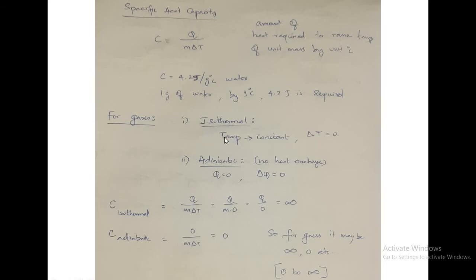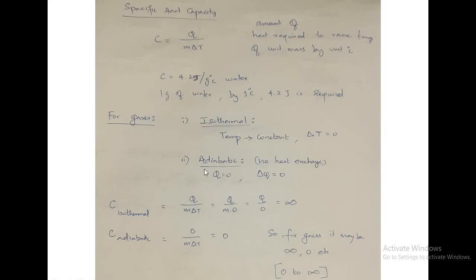For isothermal, the temperature remains constant inside the system, so the change of temperature, delta T, is always equal to 0. This is the isothermal condition.